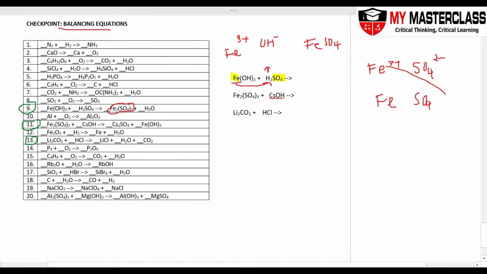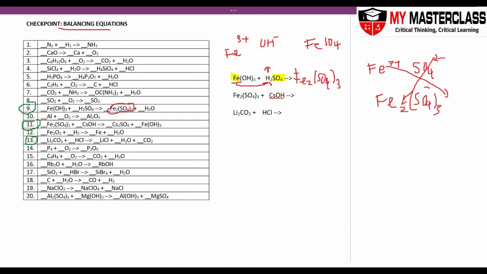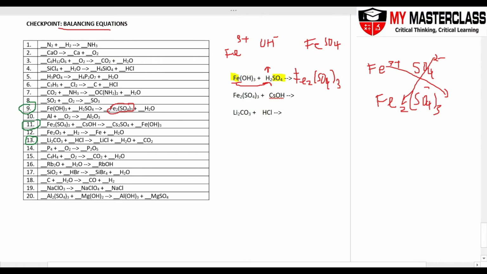The 3, bring it down, whole thing, bracket 3. The 2, bring it across. That's why you have your formula Fe2(SO4)3.